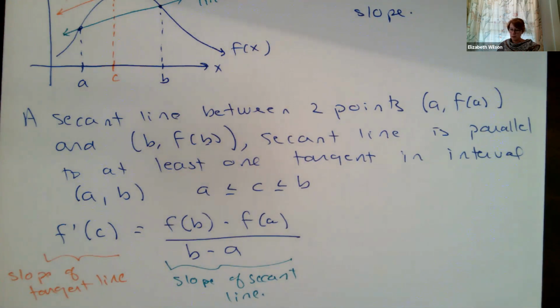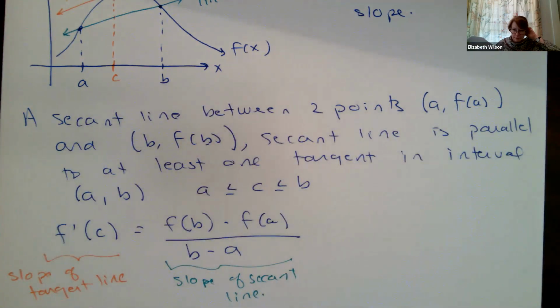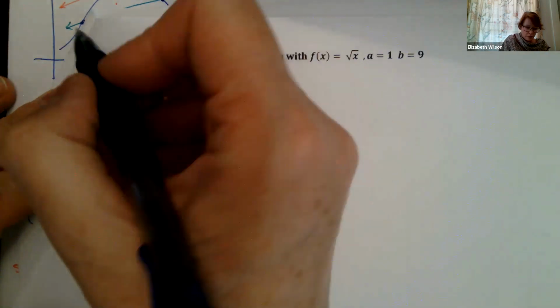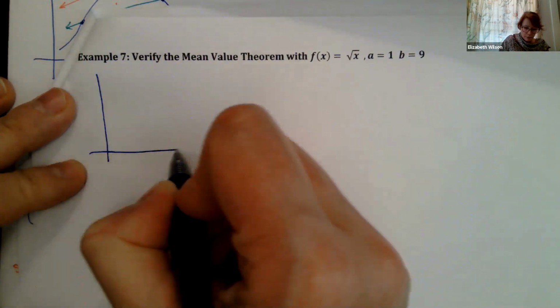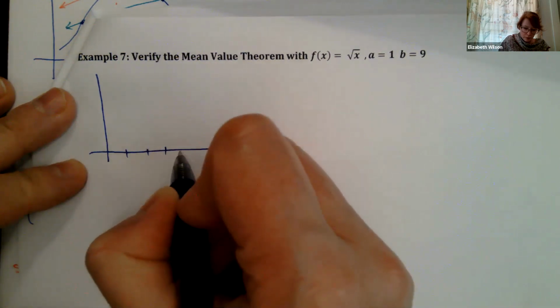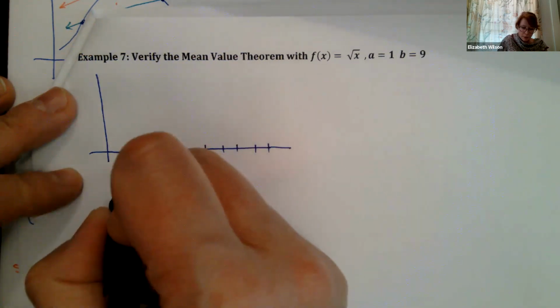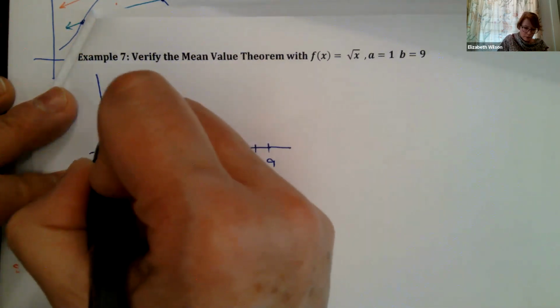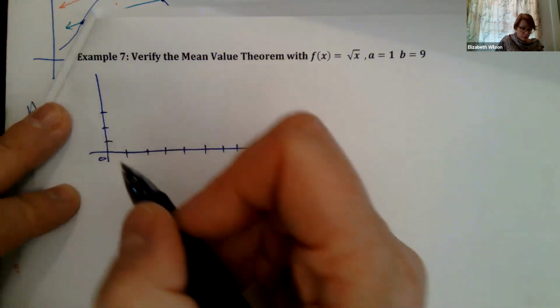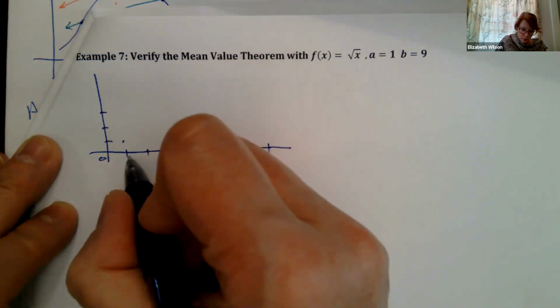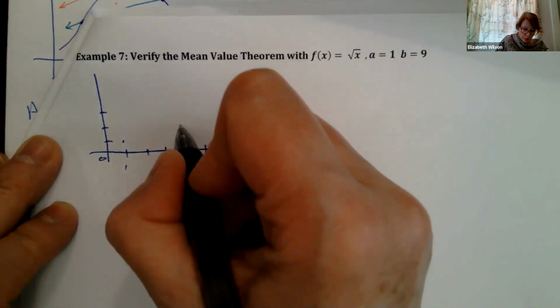That leads us to example 7. Okay, you guys all have that? All right, so I'm just going to graph this out here just so we can see this. A equals 1, B equals 9. Okay, so it's going to go 1, 3, 5, 5, 4, 2.